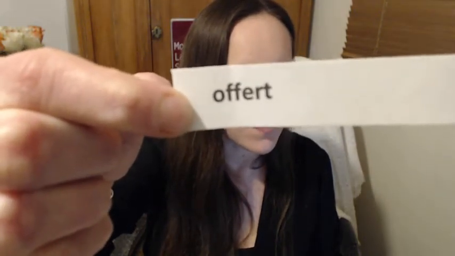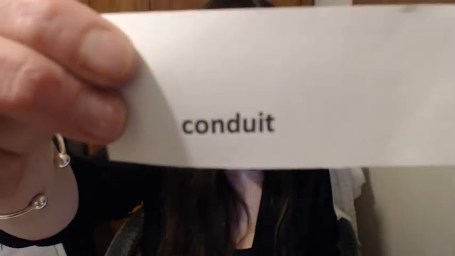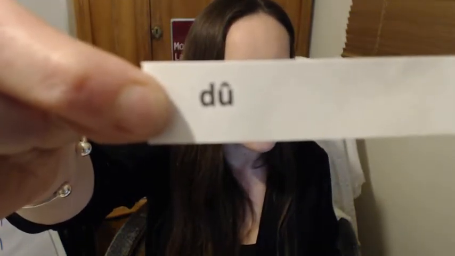Okay. J'ai offert. Offert from the verb offrir, to offer. J'ai conduit from the verb conduire, to drive. J'ai dû, with a little circumflex over the u. I had to, I have had to.